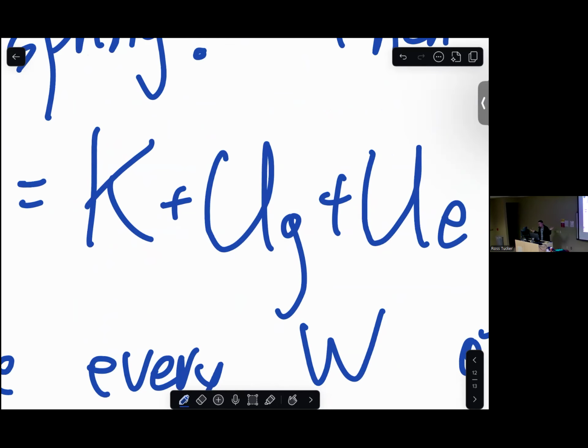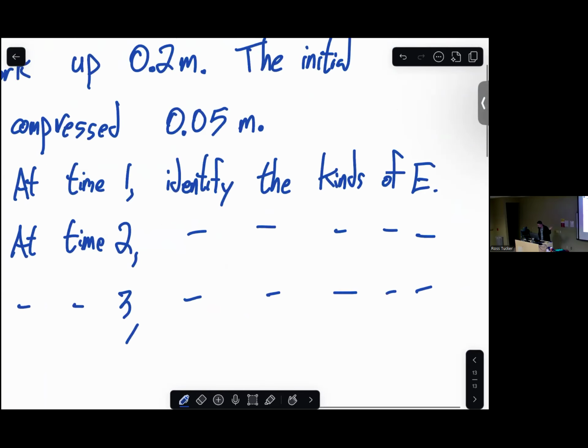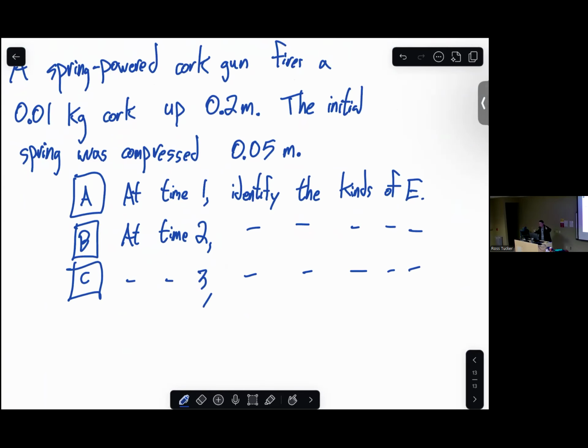It's fairly straightforward. Are you guys comfortable with being able to write symbols instead of words? Okay, I guarantee you somebody is going to do this. Ready, set, go. Give this a shot. Simply identify what kinds there are. Again, no numbers, just symbols.